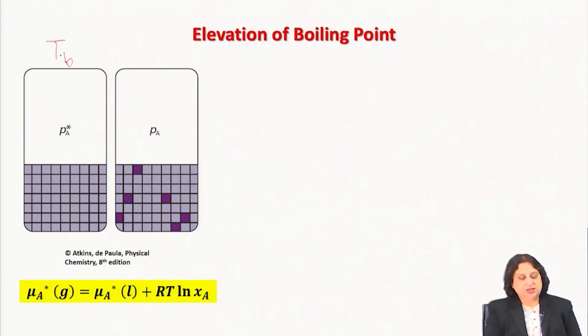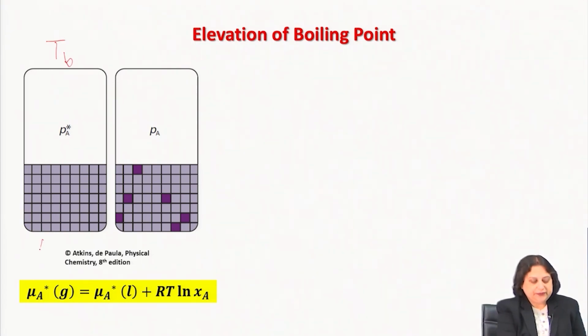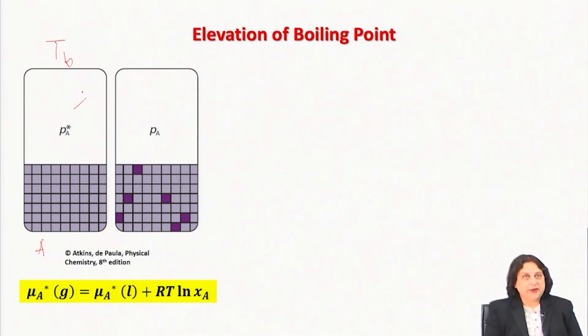Under this condition, the pure liquid A is in contact with its vapor phase, and the partial pressure of the vapor phase here is given the notation Pa star.